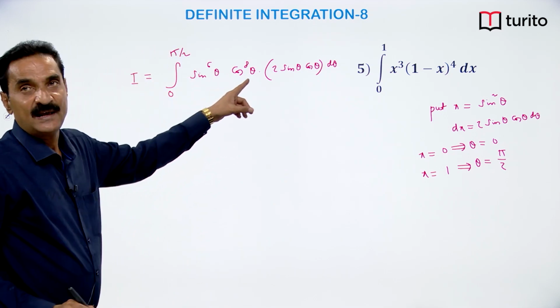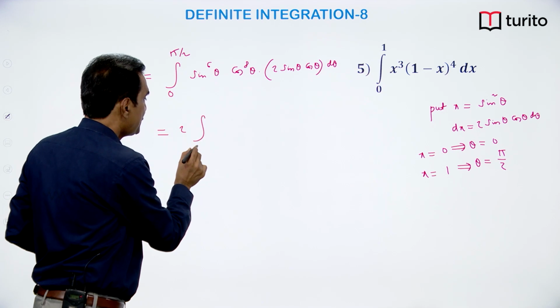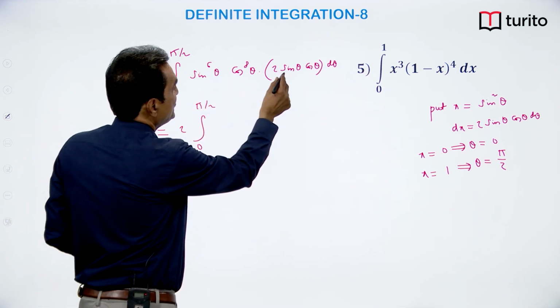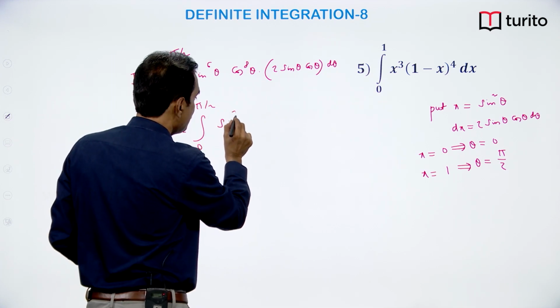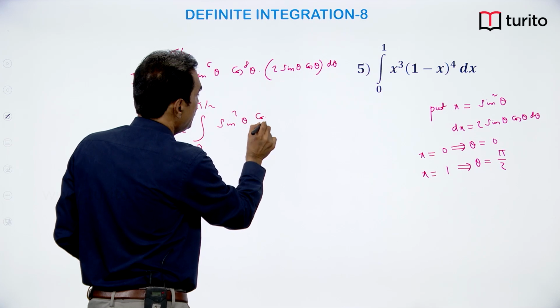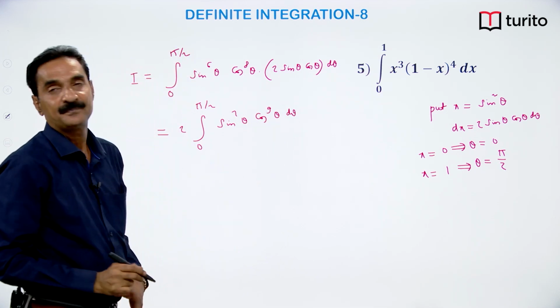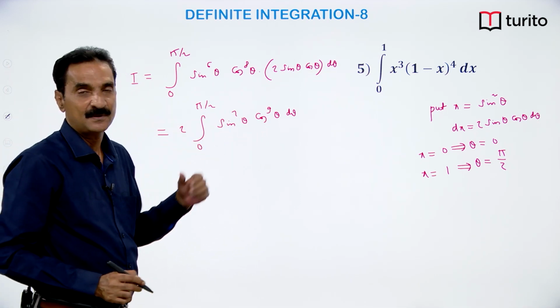Right. Then take out 2, integral 0 to pi by 2, this into this, sine power 7 theta into cos power 9 theta, which is in the form of our second reduction formula.